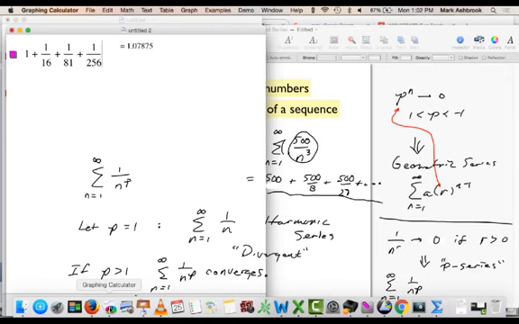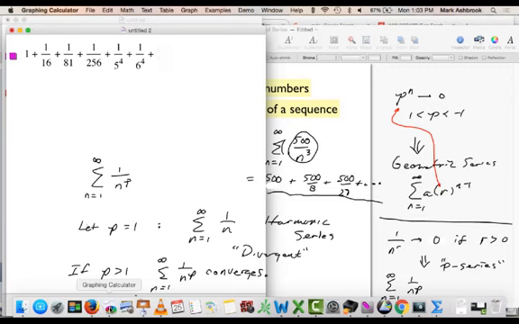1.07875. So see, even after 4 or so terms, 1 over 5 to the 4th, 1.08. 1 over 6 to the 4th, 1.08112. You see what's happening?